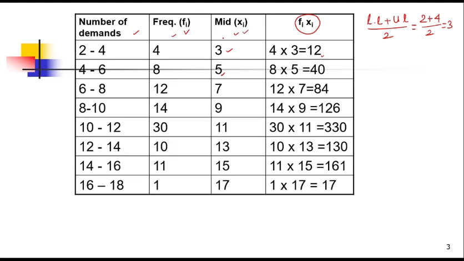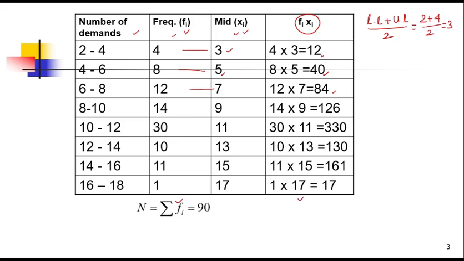So we create the column fi into xi by multiplying the corresponding elements: 4 into 3 is 12, 8 into 5 is 40, then 12 into 7 is 84. Like this we compute the entire column. Now we require the sum of some columns: first the sum of this column, and then the sum of this column.